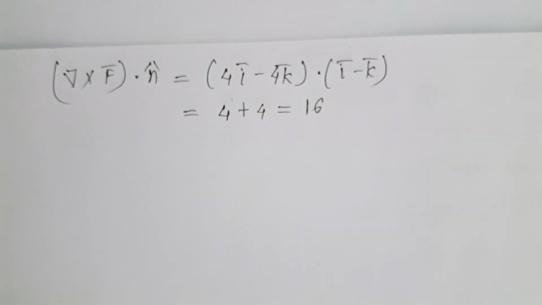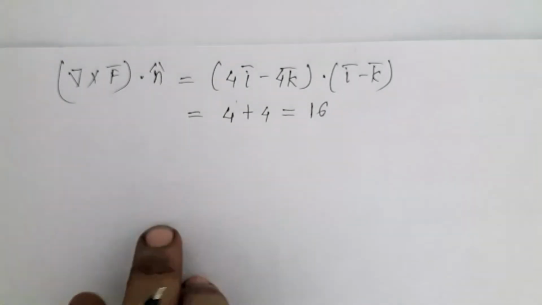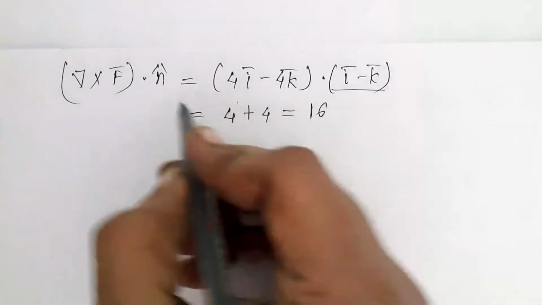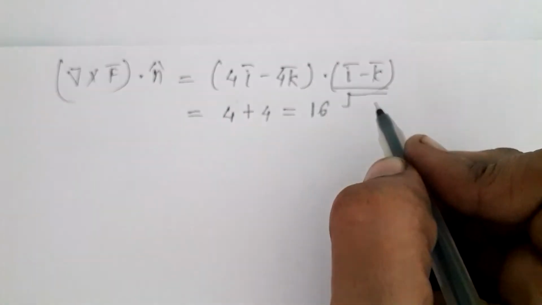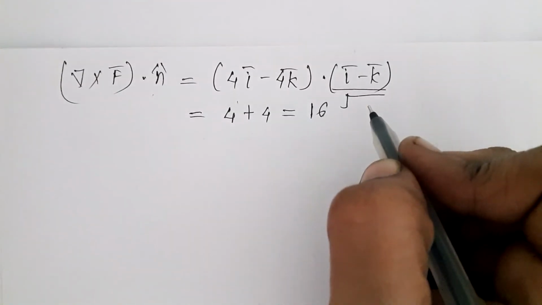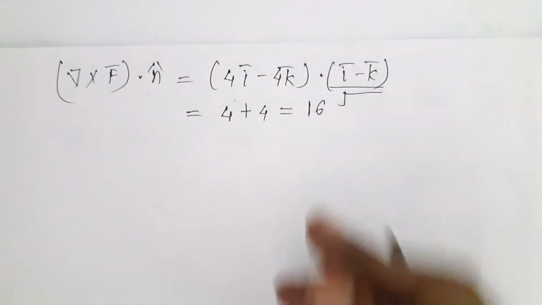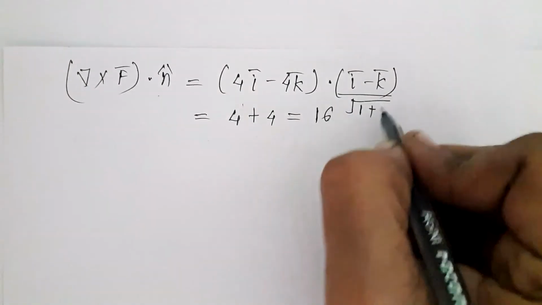But we want n cap. So n cap is the gradient of phi divided by the magnitude of the gradient of phi, which is square root of 1 plus 1, root 2.